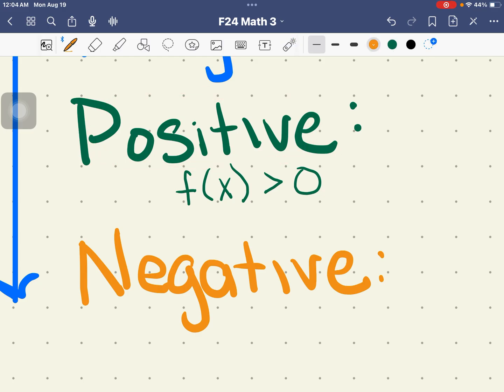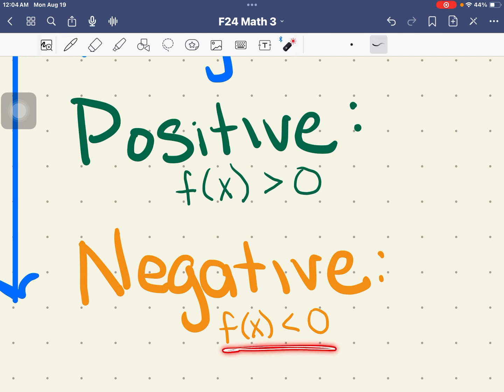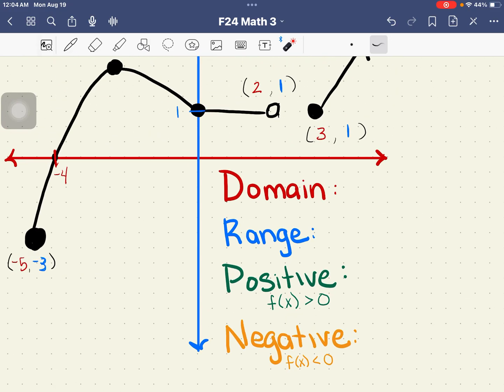And if you see f of x is less than 0, well, what type of values are less than 0? Those are negative values. So f of x is less than 0 is asking where it is negative on the graph, okay?